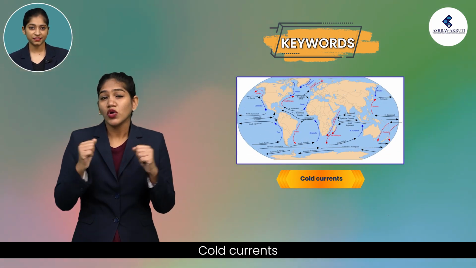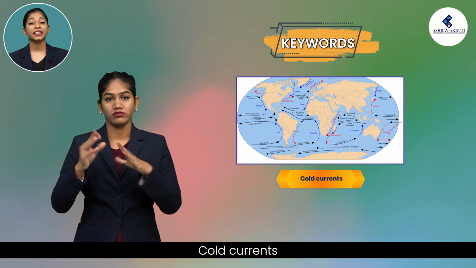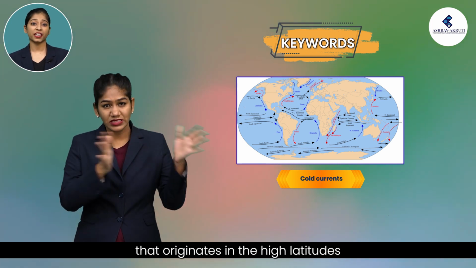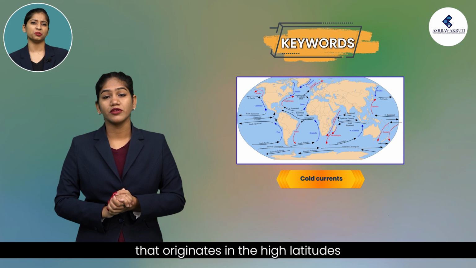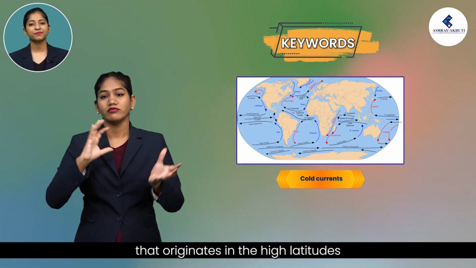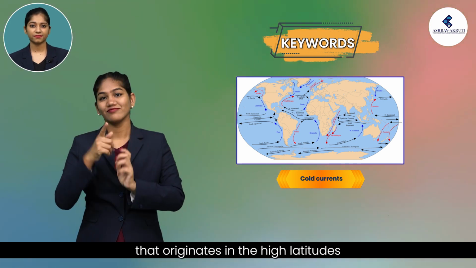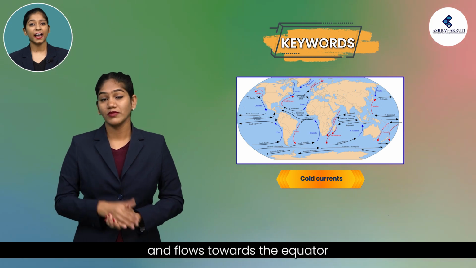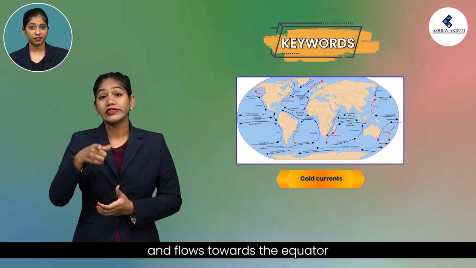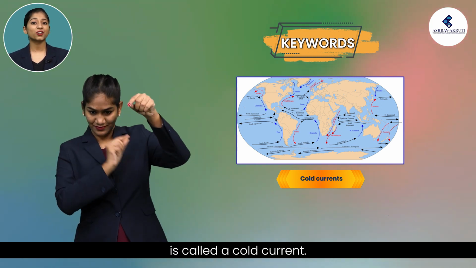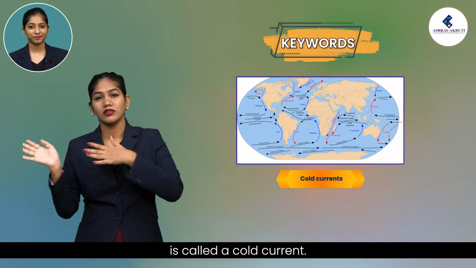Cold currents: the current that originates in the high latitudes and flows towards the equator is called a cold current.